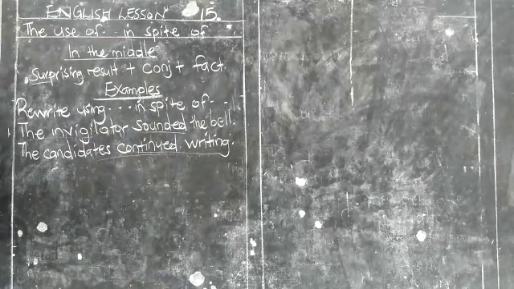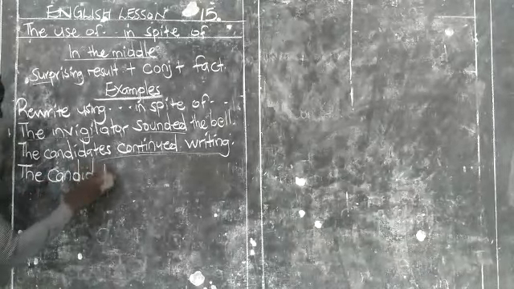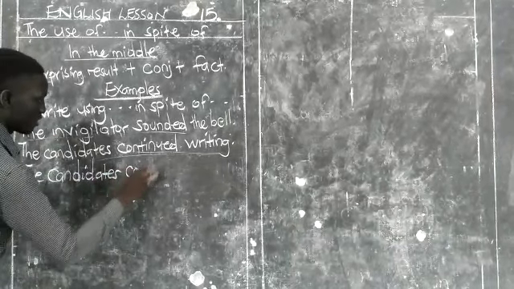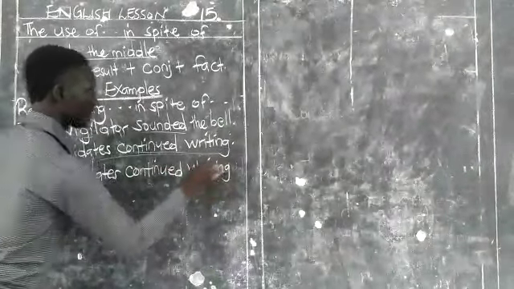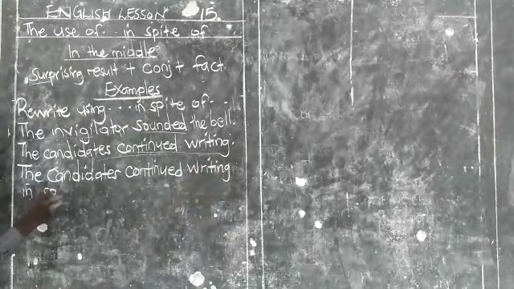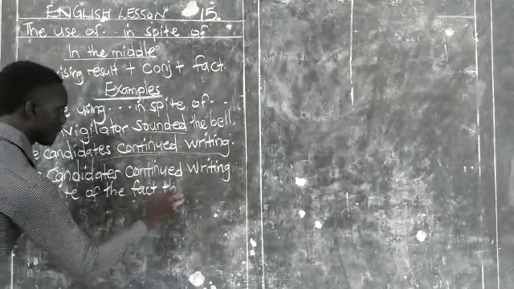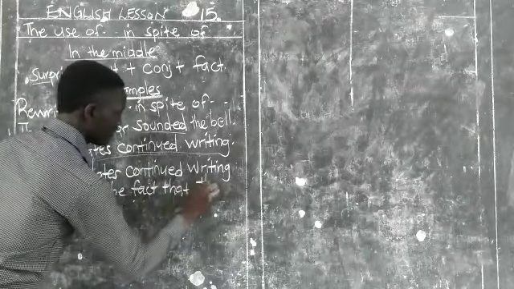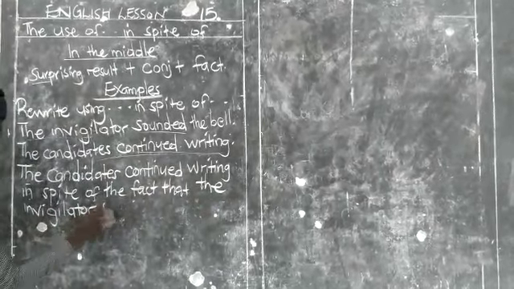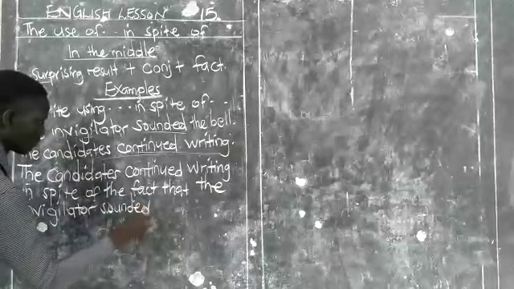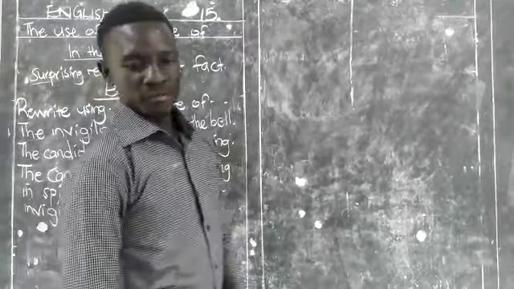Since this is the surprising result, we shall say the candidates continued writing in spite, which is the conjunction, in spite of the fact that the invigilator sounded the bell. That is example 1.